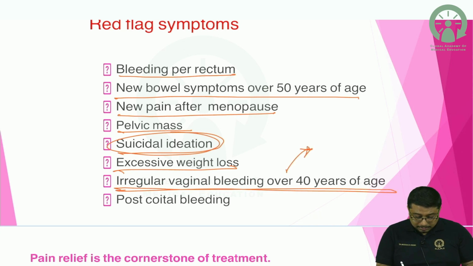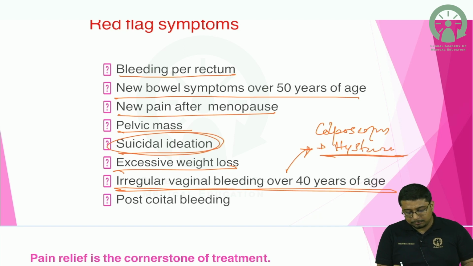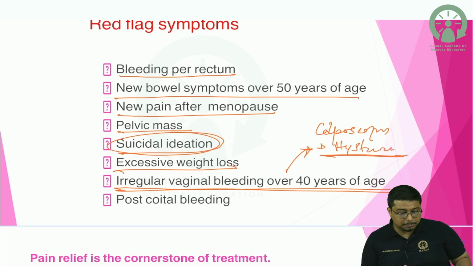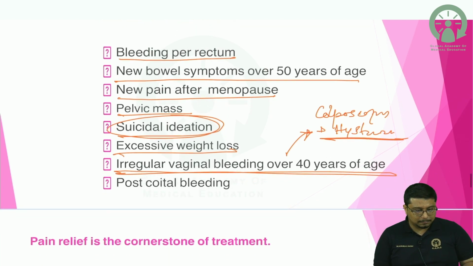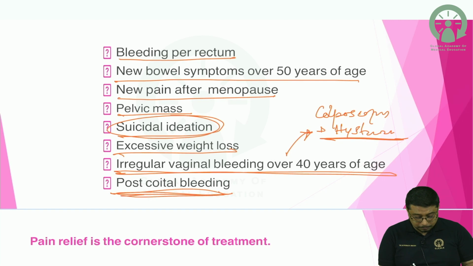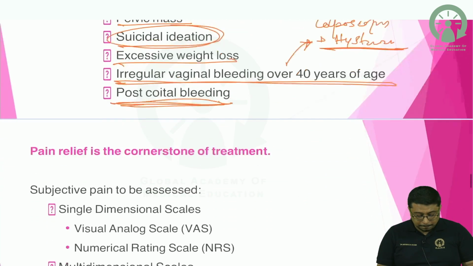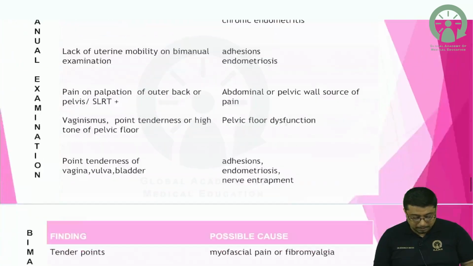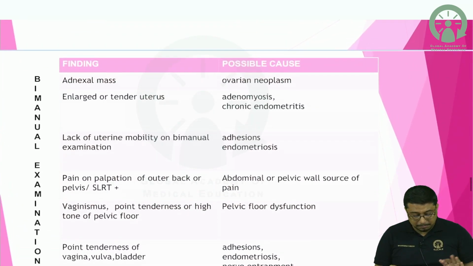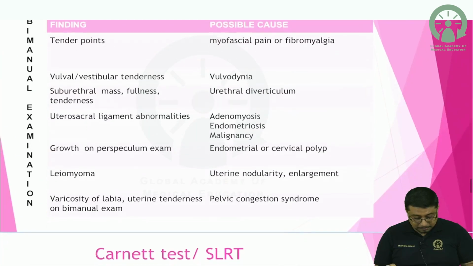Any irregular vaginal bleeding over 40 years of age needs a colposcopy plus hysteroscopy, with cervical biopsy and endometrial biopsy if needed. In most cases, at least an endometrial biopsy. And postcoital bleeding. So, pain relief is the cornerstone of treatment of chronic pelvic pain. Otherwise, the pain becomes the symptom and everything else becomes secondary.